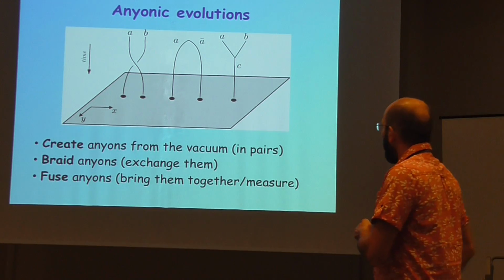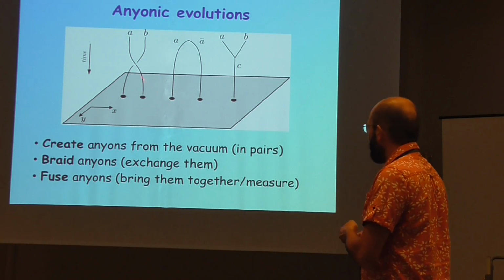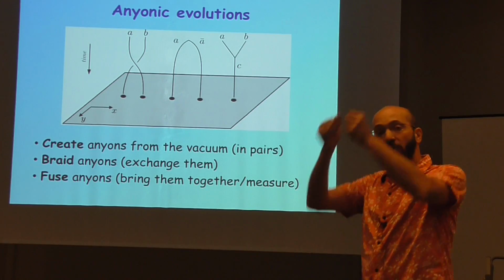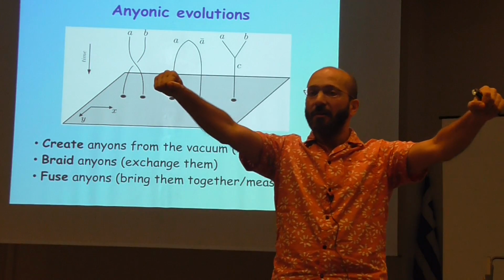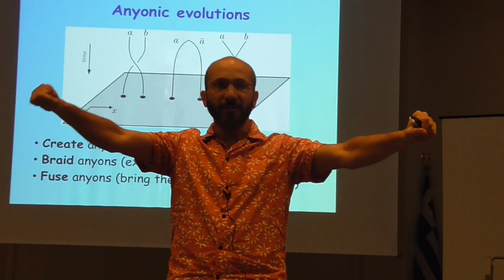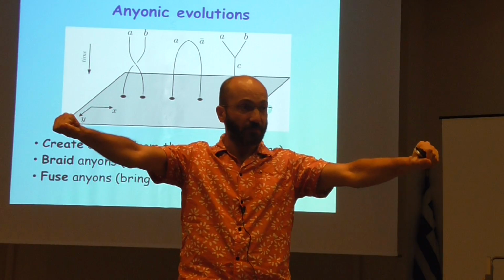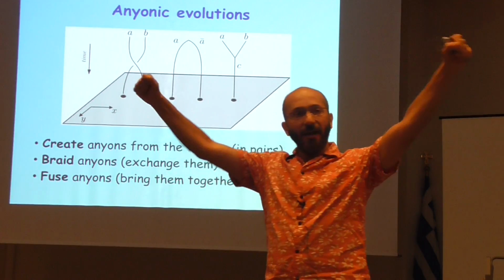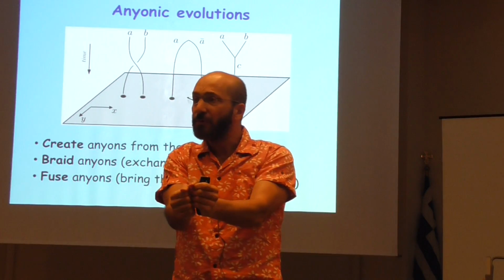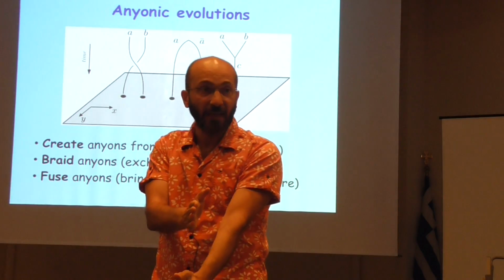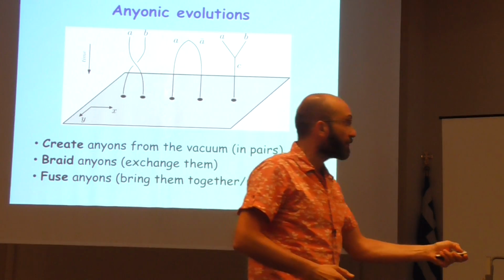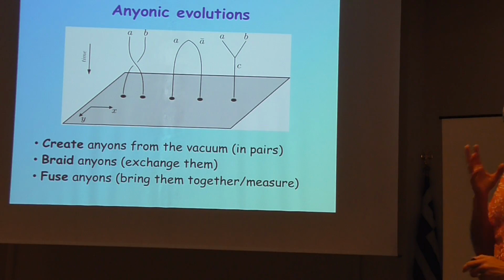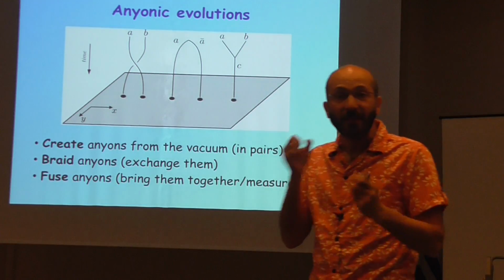So possible evolutions are I can change, as we see here, this time passing. I can create them out of the vacuum. And obviously I will create a particle and an antiparticle, anion or anti-anion. Or if I have 2 of them together, I can fuse them and get another particle at the end. And we saw that fusion property for the Majorana fermions yesterday. So these are the 3 important ingredient manipulations.